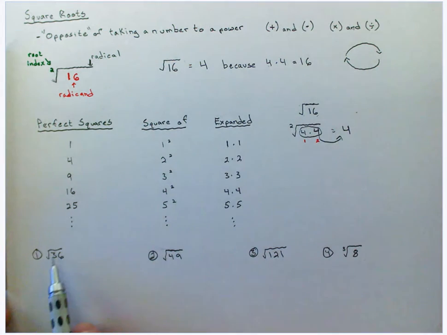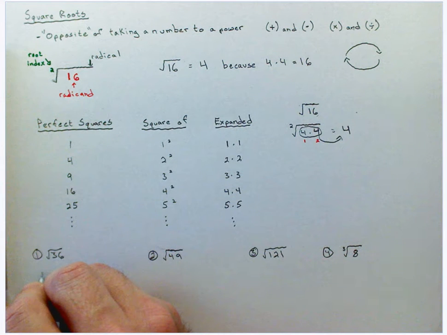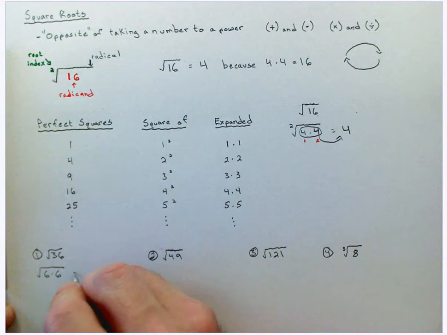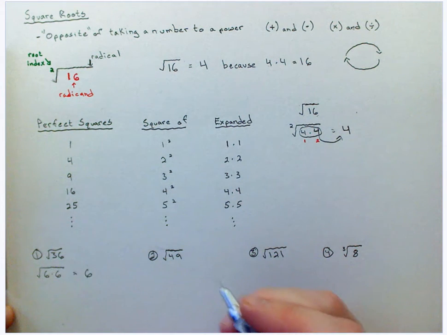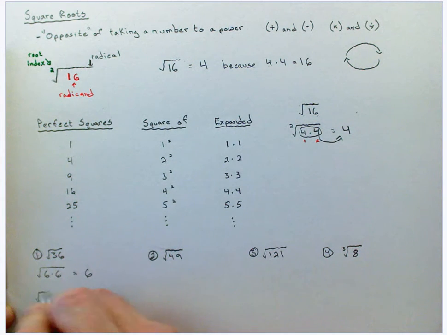So let's go ahead and work some problems. Problem number 1 is the square root of 36. I can do it 2 ways. I can know it's a perfect square, and that 6 times 6 is 36, therefore it is 6. Or I can view it as, here is my radical, and 6 times 6.